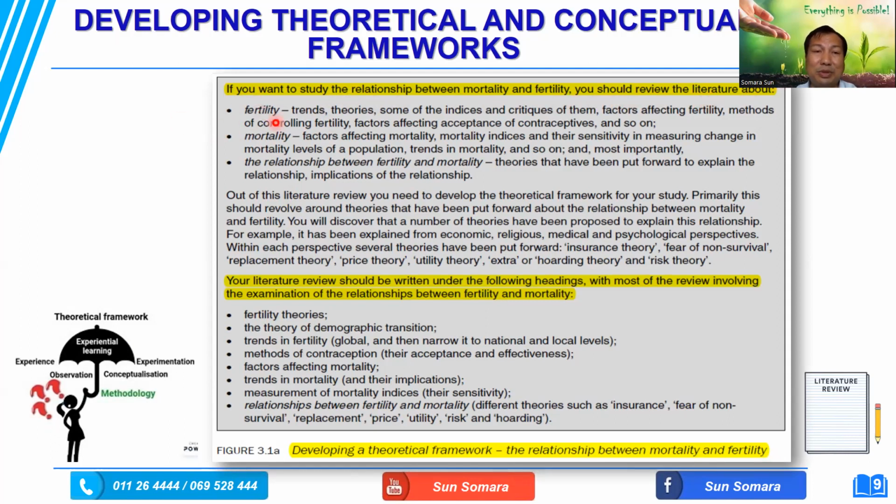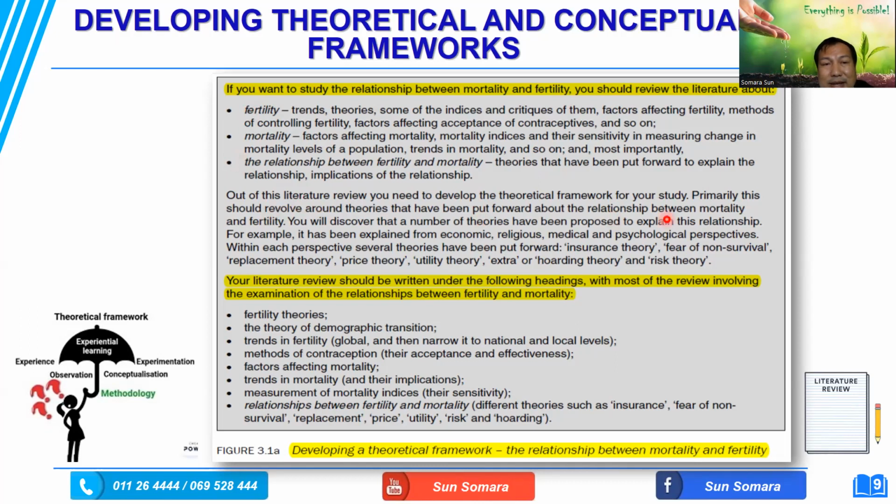The first one is fertility, mortality, the key terms they use in the topic here, right? What else? The relationship between fertility and mortality. So this is the way you list down or brainstorm, like I said earlier. Keep finding the key terms in your research topic and then come up with some parts here.